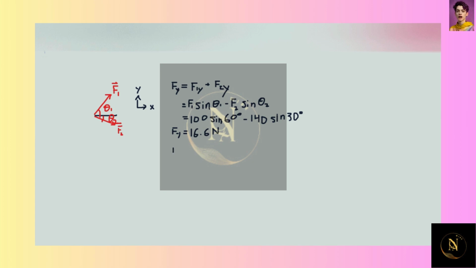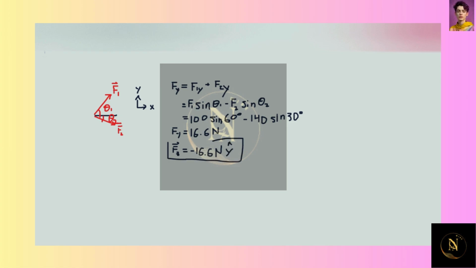Which tells us that the fictitious third additional force we would have to add has a magnitude of 16.6 newtons, but is directed downward. So in the negative y hat direction.